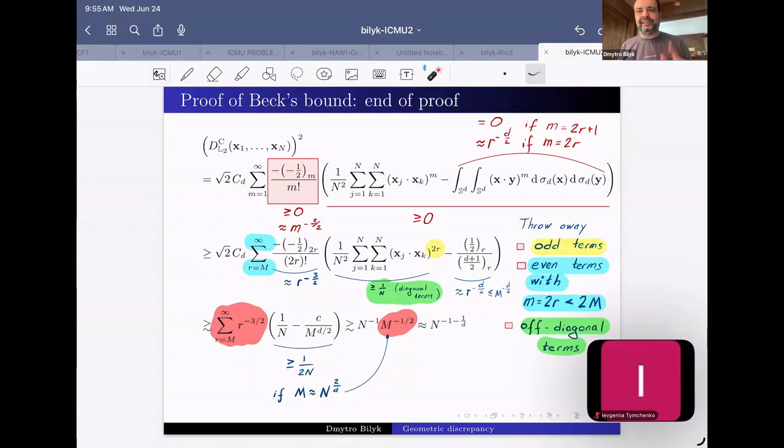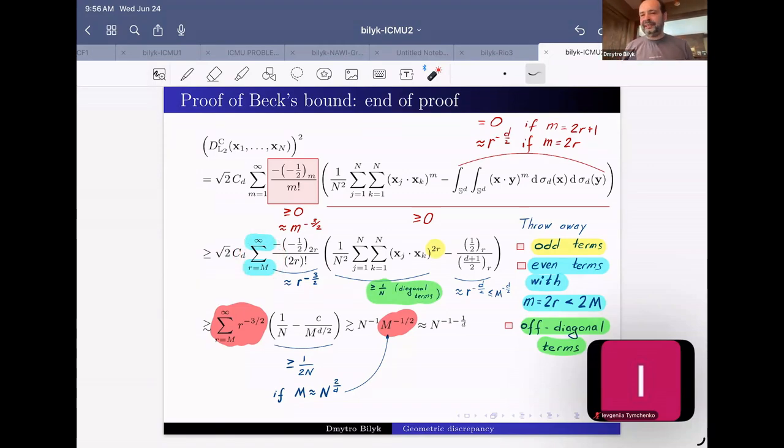So first of all, this is interesting in the following way. Notice that usually when you try to estimate something using Taylor series, you usually keep the first few terms of the Taylor series and throw away the remainder. What we do here is the opposite. You throw away the first few terms and you keep the remainder.